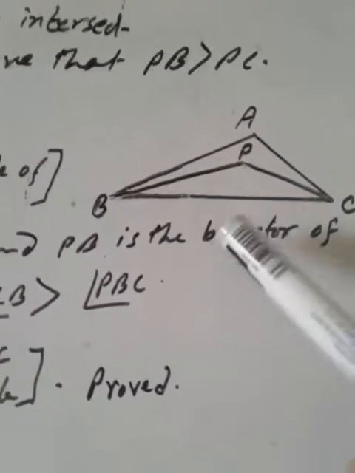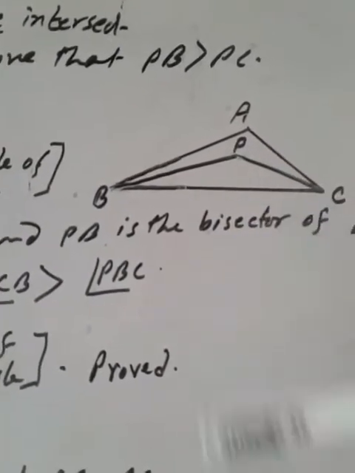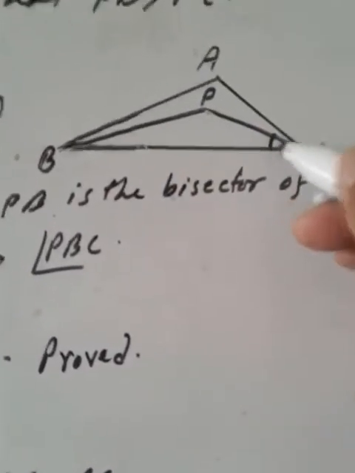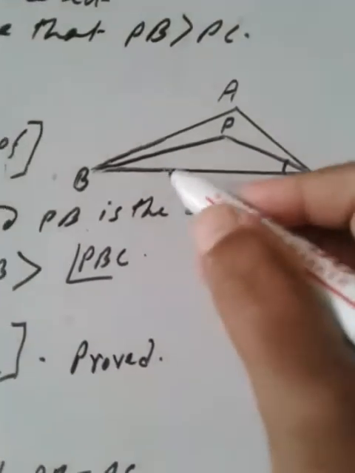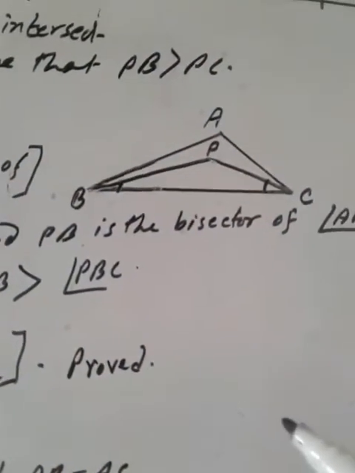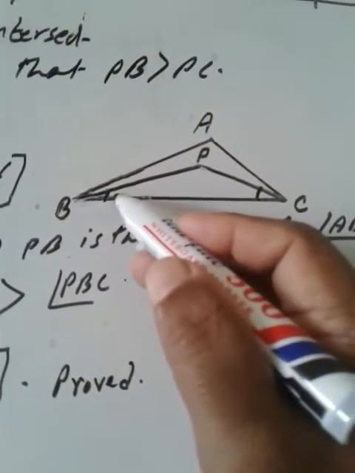ACB is greater than ABC, therefore half ACB is greater than half ABC. Then this angle is greater than this angle.